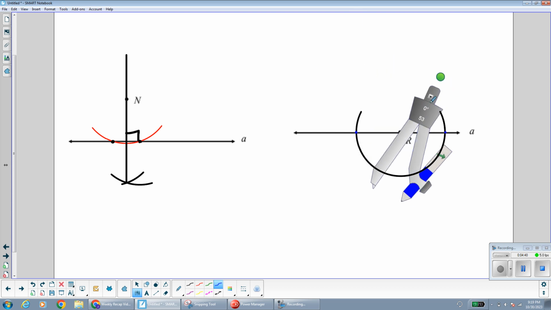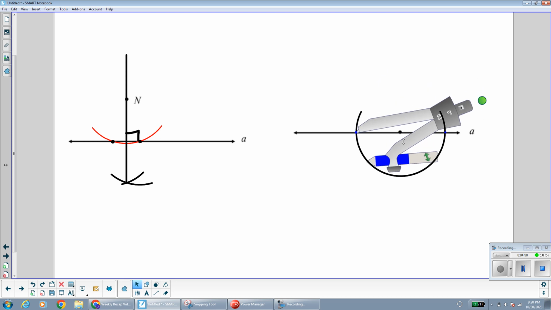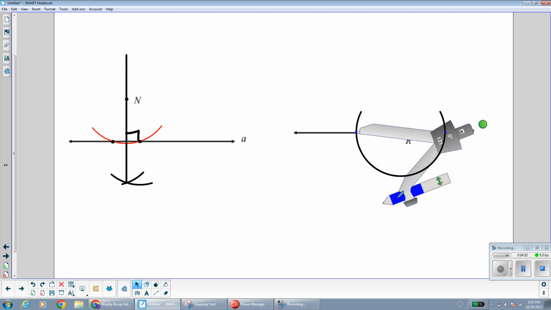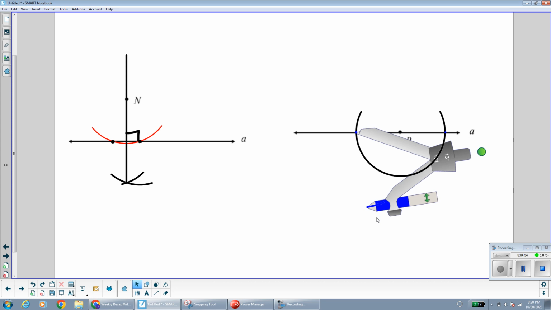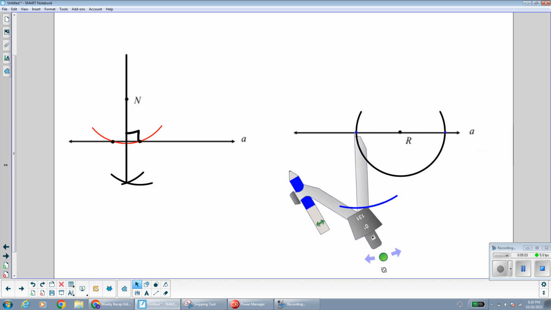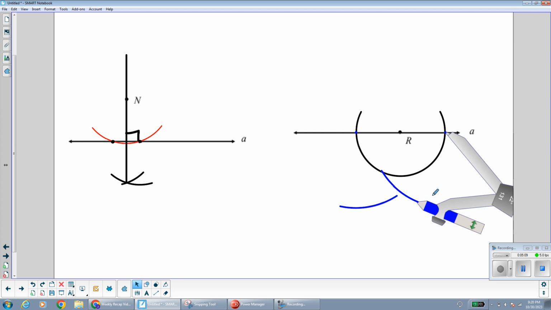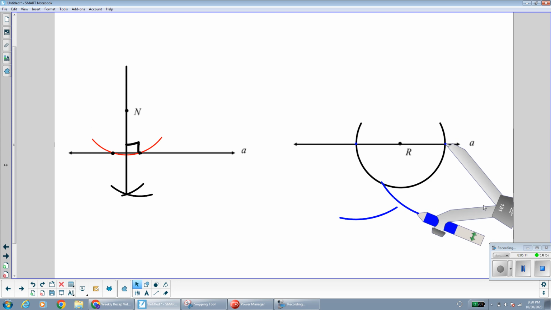Going to take our compass and put it on one of those points first. Doesn't matter how much we open. Using the same distance, going to go over to the other intersection point and make the same arc.